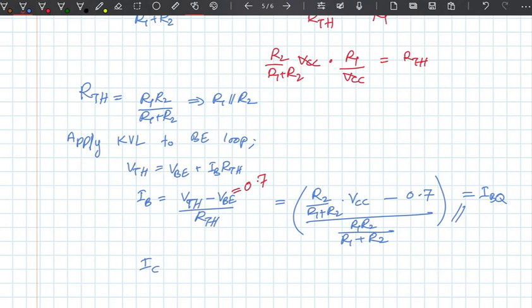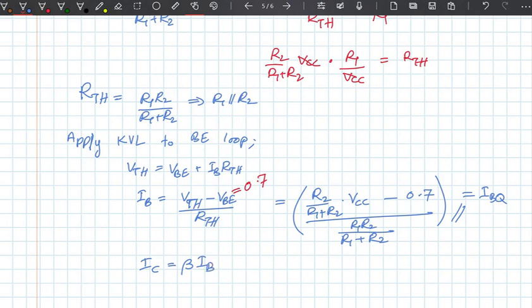Once we know the quiescent base current, we can find the quiescent collector current IC, because we know that this is in the active linear region. That is why we bias it, to make sure that it is in the preferred region. We want it to be in the active linear region, so IC is equal to beta times IB.